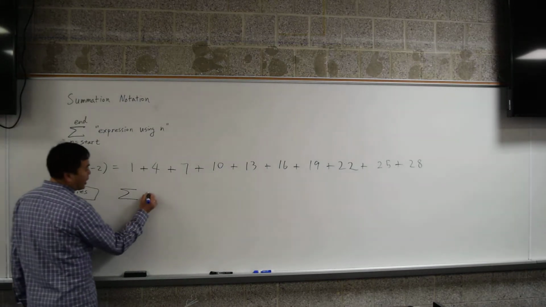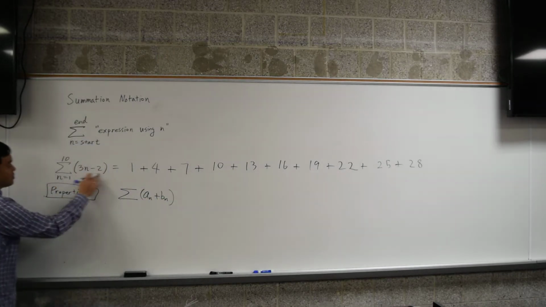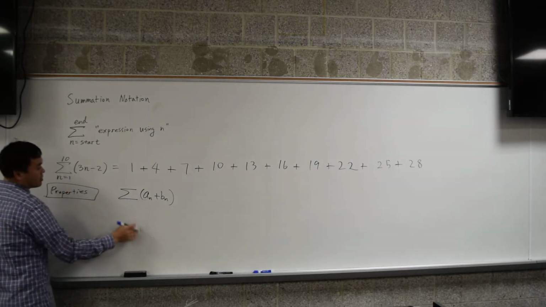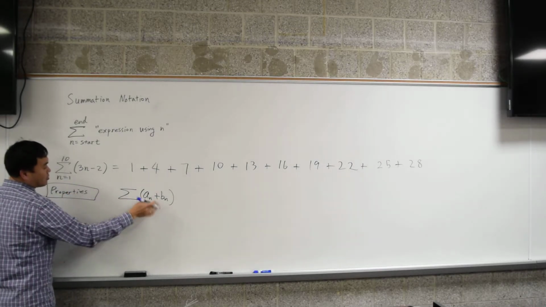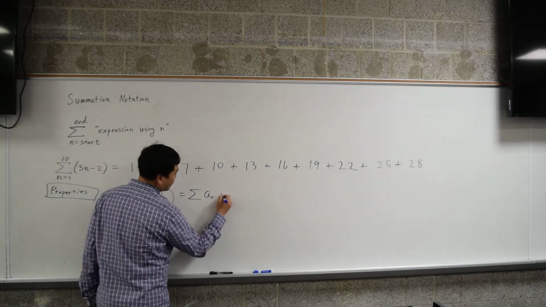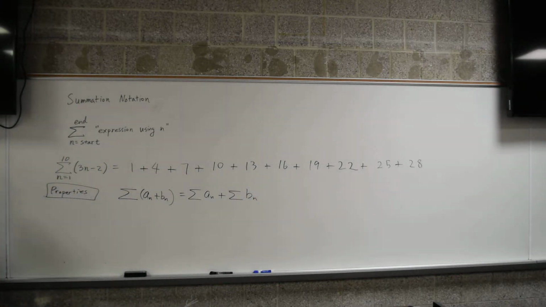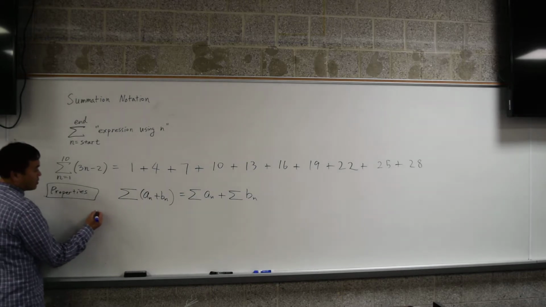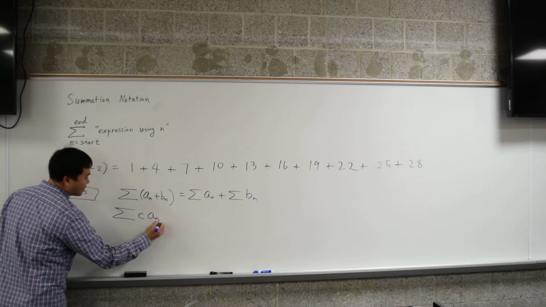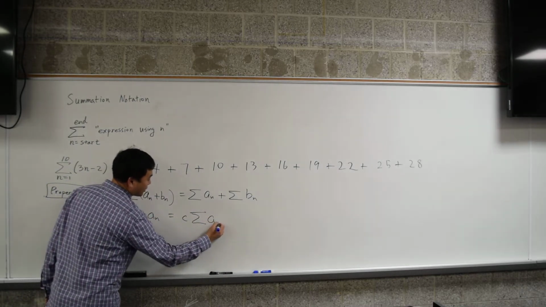If you have an plus bn, where an is some expression for n and here's another expression for n, and you add them up, that's the same as sigma an plus sigma bn. What about some constant multiple times an? That's the same as the constant times sigma an.